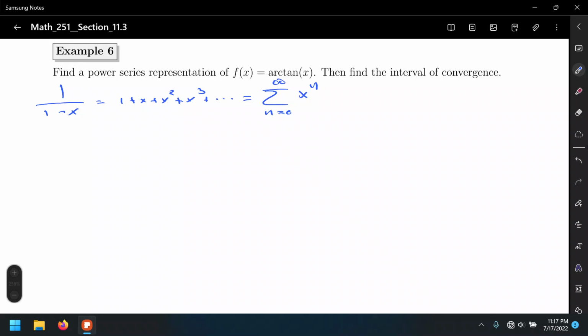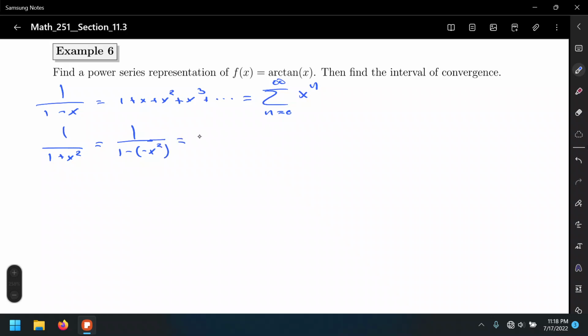However, I'm just going to give this one away because it's not that obvious. I'm going to start with 1 over 1 plus x squared, because if we integrate 1 over 1 plus x squared, the answer is arctangent of x. And in this case, this is the same as saying, keeping the idea that we want to obtain the form 1 over 1 minus negative x squared.